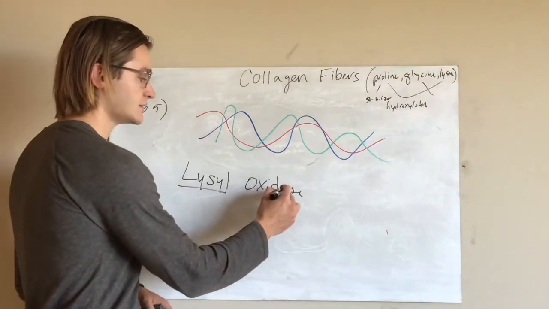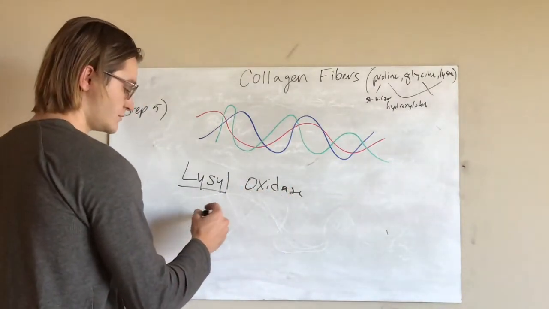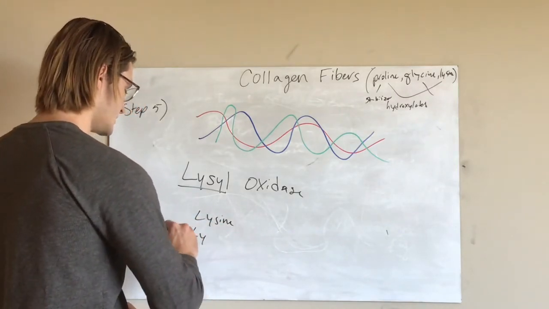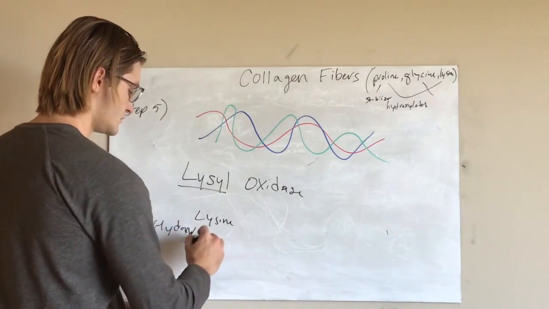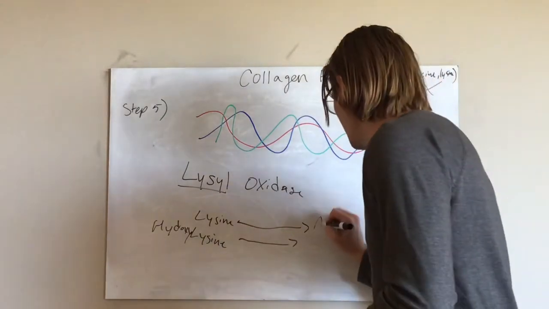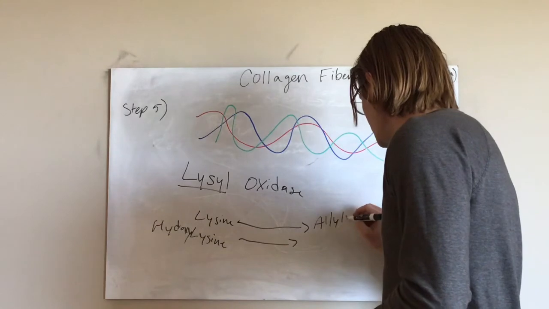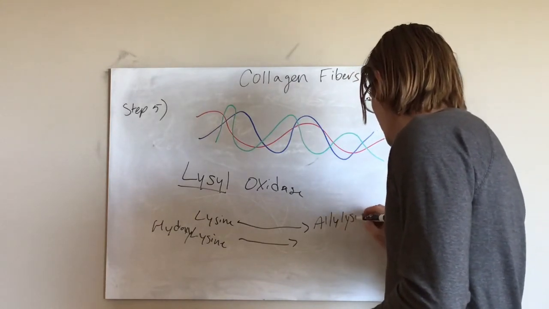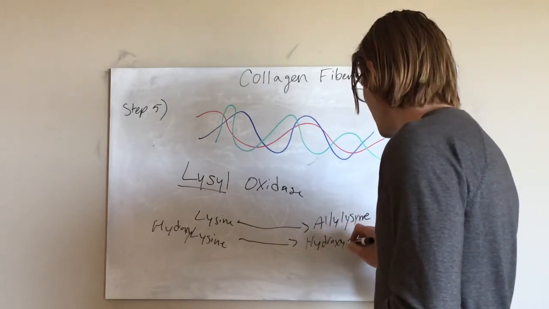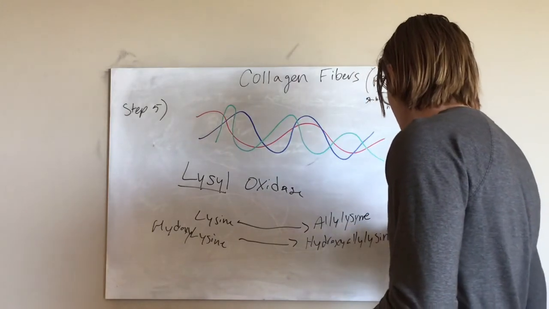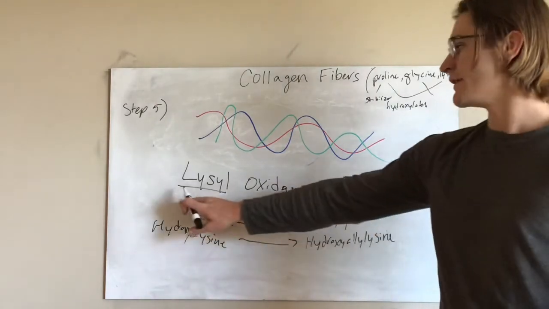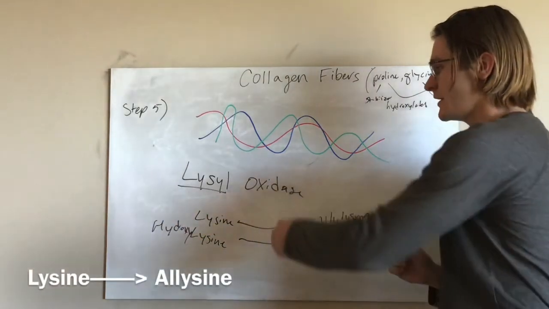It's going to oxidize them, and it's going to take the lysine or hydroxylysine and turn it into allysine, or hydroxyallysine. So the lysine and hydroxylysine will turn into allysine or hydroxyallysine. This is happening from the lysyl oxidase.